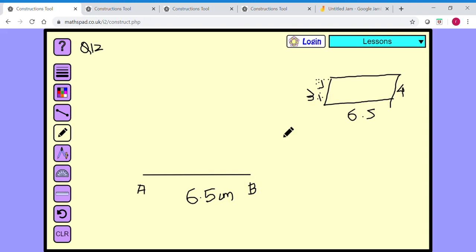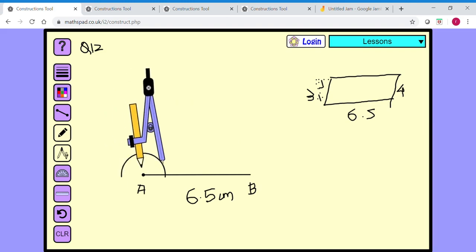So at A, let me construct a 90-degree angle. To make a 90-degree angle, I'll have to bisect 60 and 120. Let me open the compass to a span of my choice. I have done this. Now let me make a semicircle to make 60 and 120.